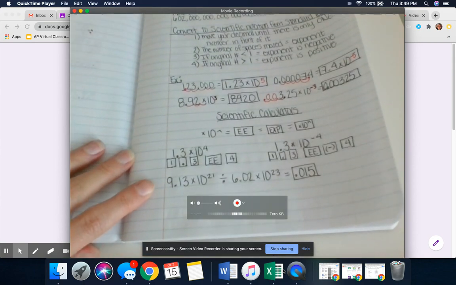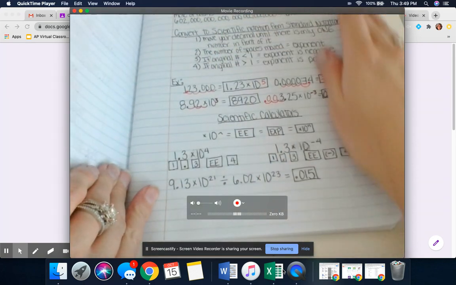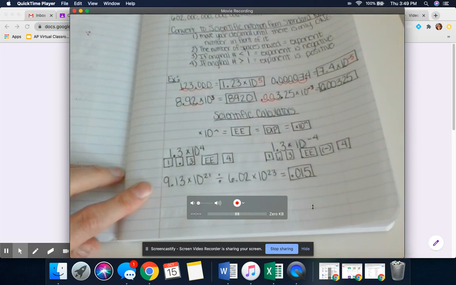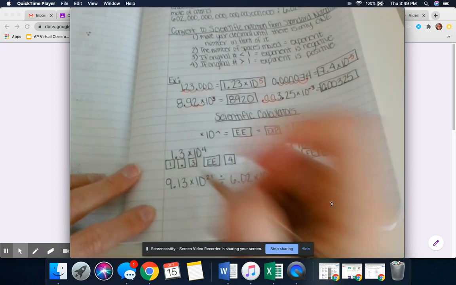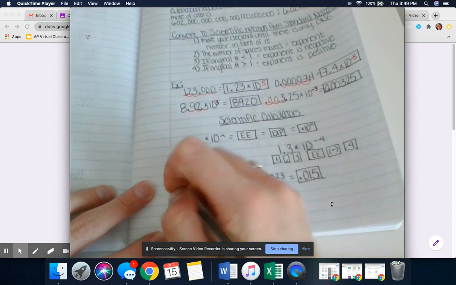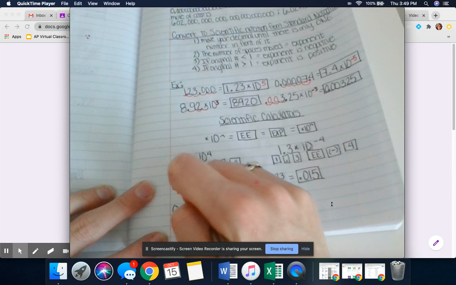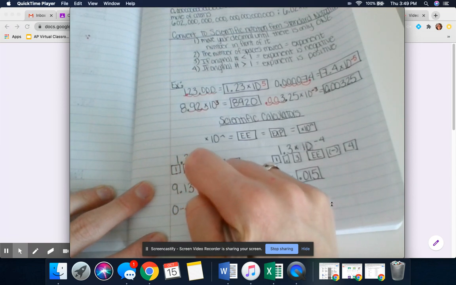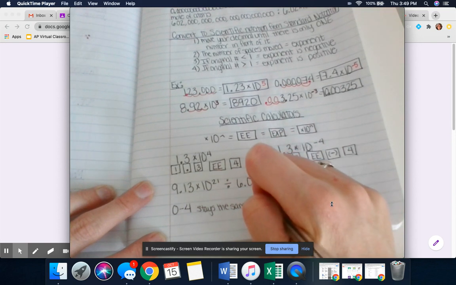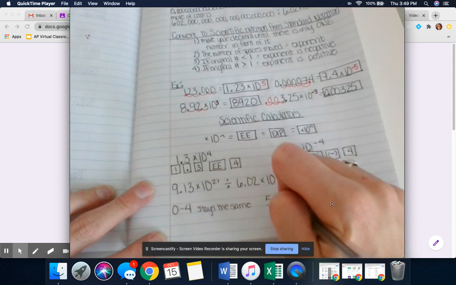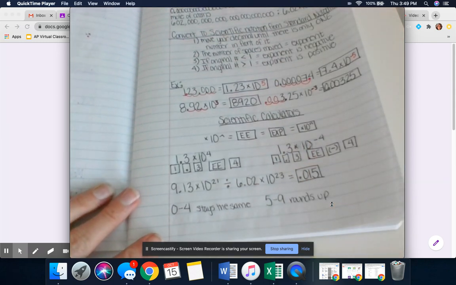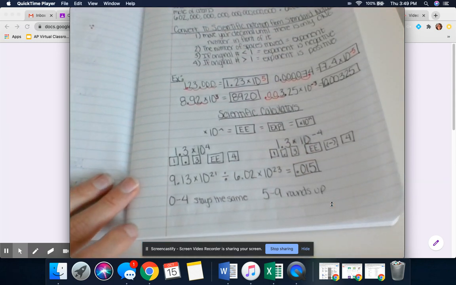For rounding, if the next number, the third number over, is 0 through 4, it stays the same. And then 5 through 9 rounds up. Okay? That's the general rule.